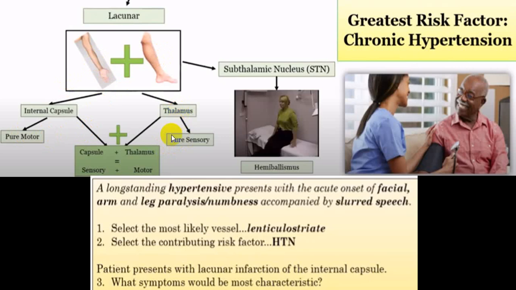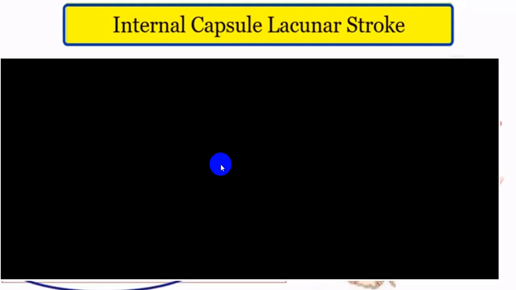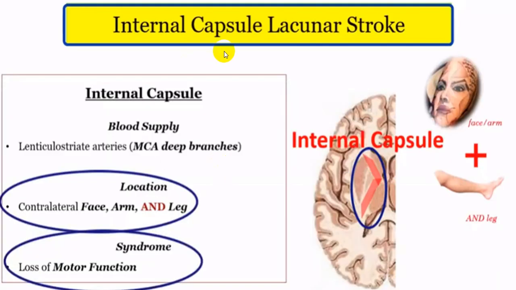So the person will have a peculiar finding, and very commonly they are chronic hypertensive patients. Lenticulostriate arteries are very commonly involved, and the person will have an involvement of the internal capsule, thalamus or subthalamic nucleus, and depending upon the involvement, the person will have characteristic findings.